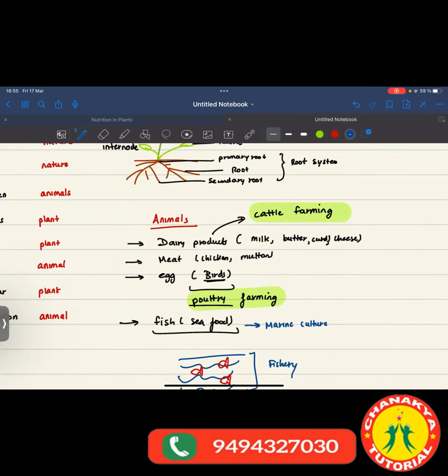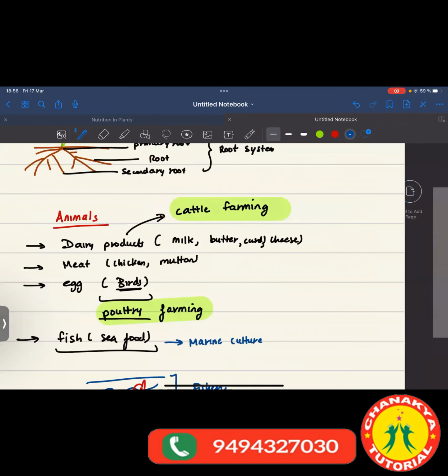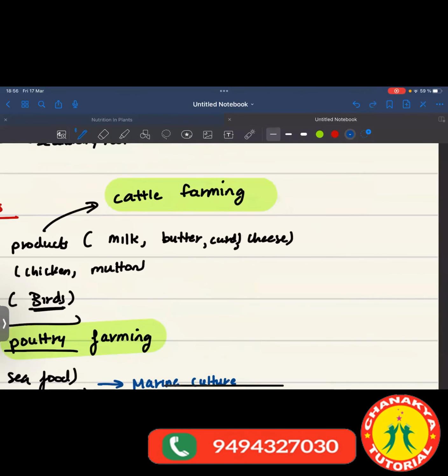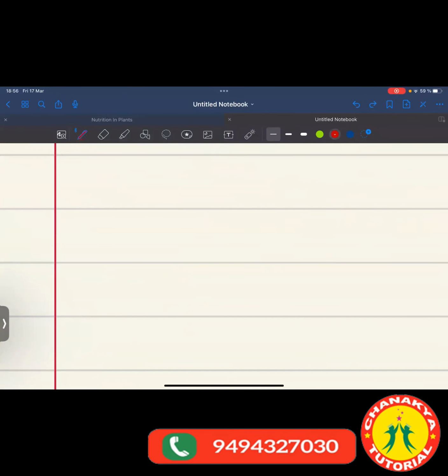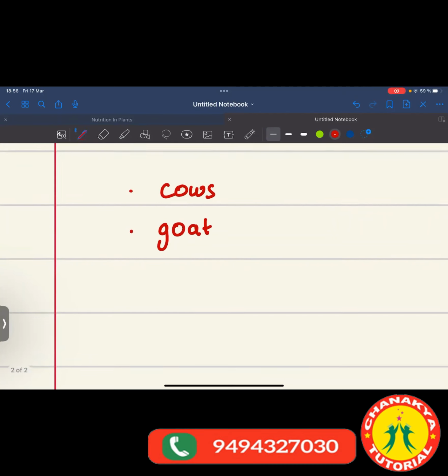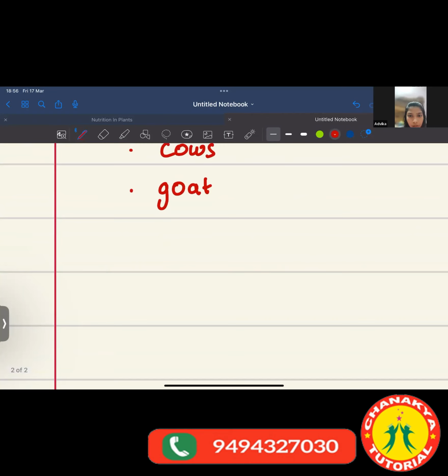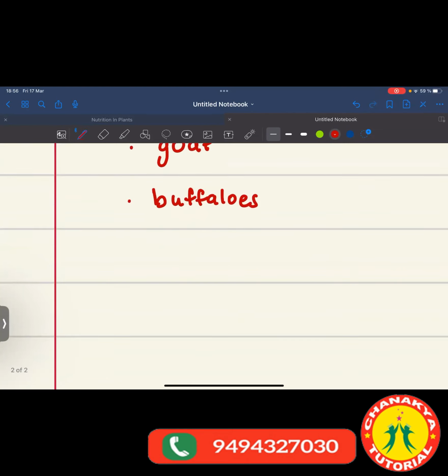Now we clearly saw cattle farming and poultry farming. Now we'll just classify them. What are the animals that come under cattle farming? Ma'am, cows, goat, buffaloes. Goat is cattle. Okay. What about poultry?